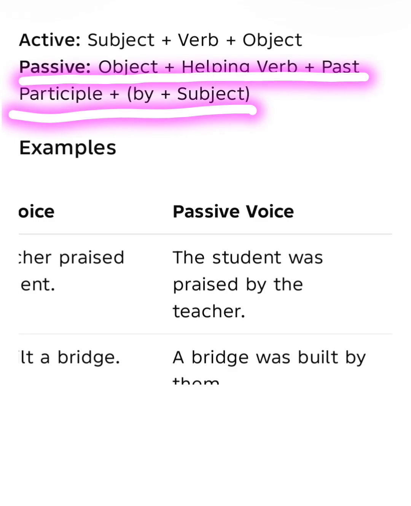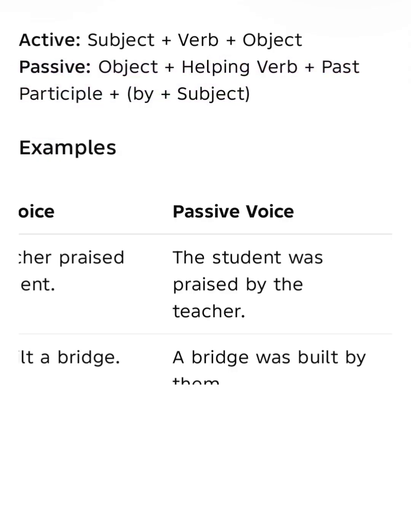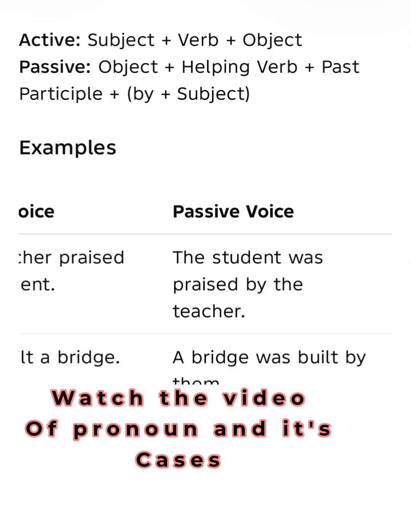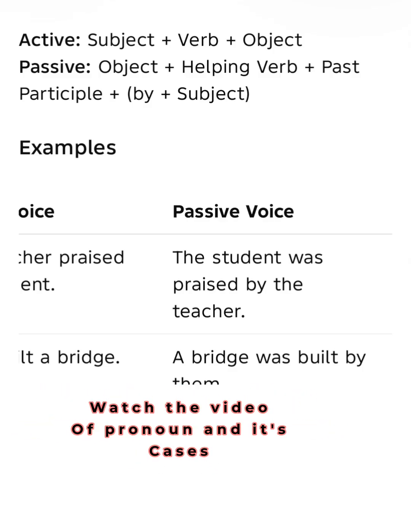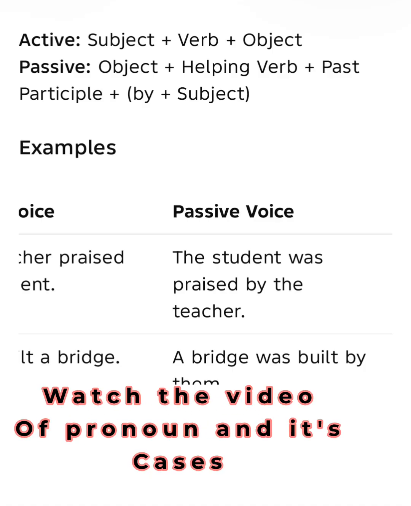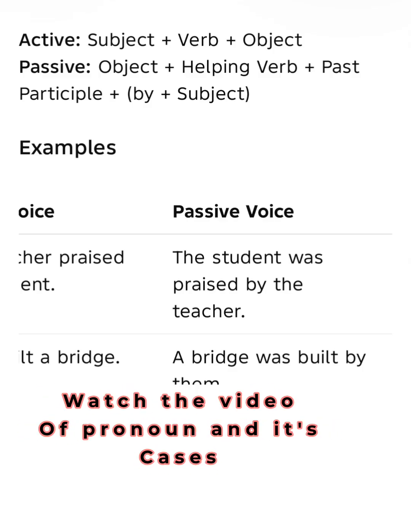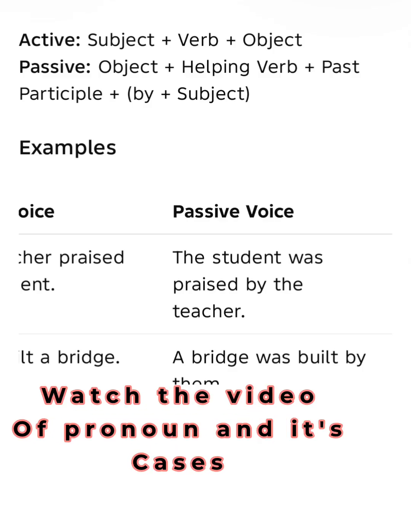But you should notice that if it is a noun, no problem, you cannot change it. But if it is a pronoun, then you should watch the video on pronouns and the cases of pronouns. When you use it in the place of the object, you should write the objective case of the pronoun. If you use it as a subject, then you should know the subjective case, and sometimes the possessive case.